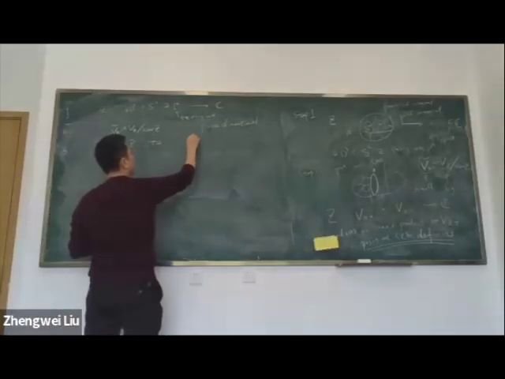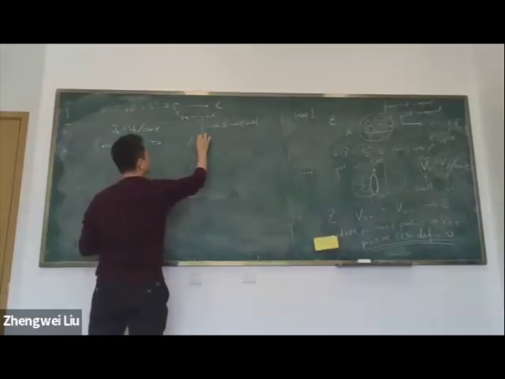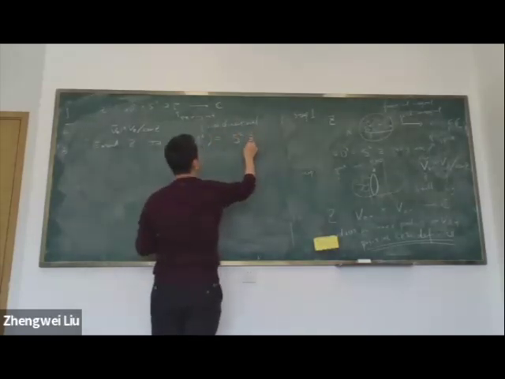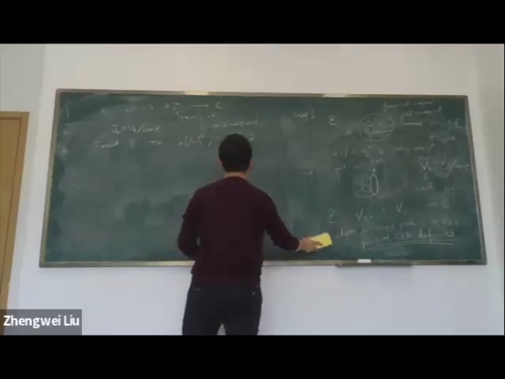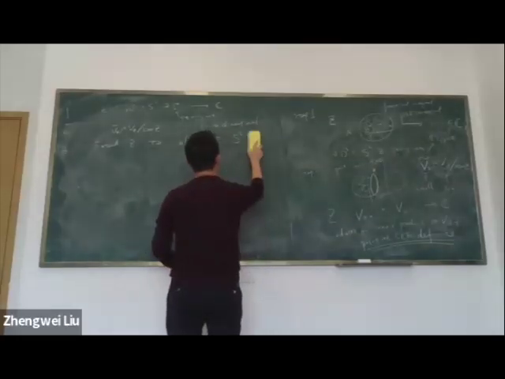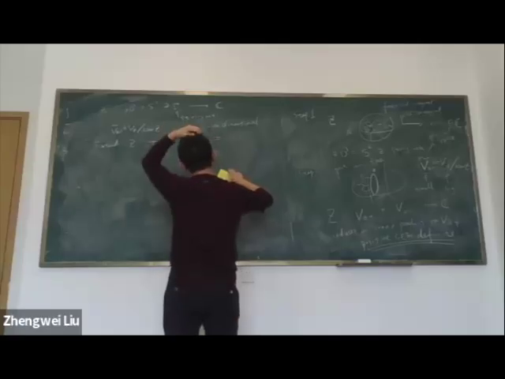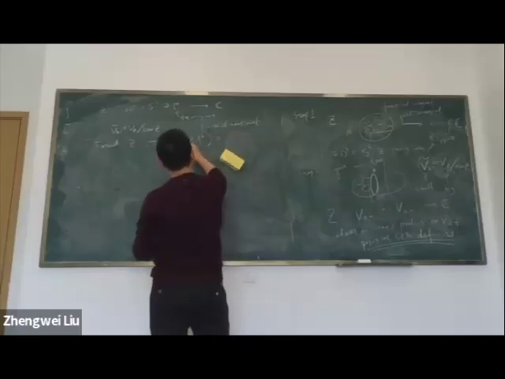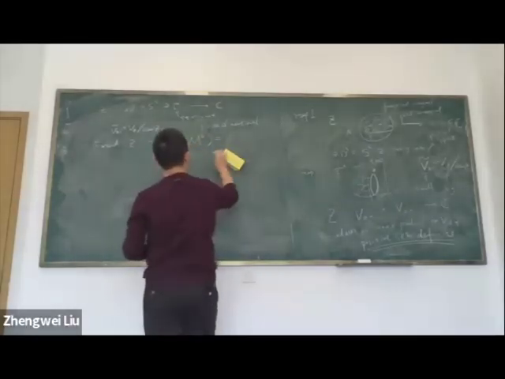So a general 3-manifold, and its boundary will be a 2D surface. This is not S2, this is just a surface.